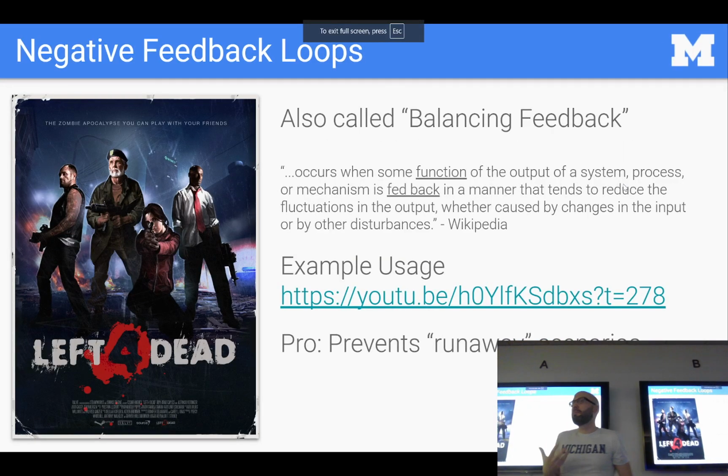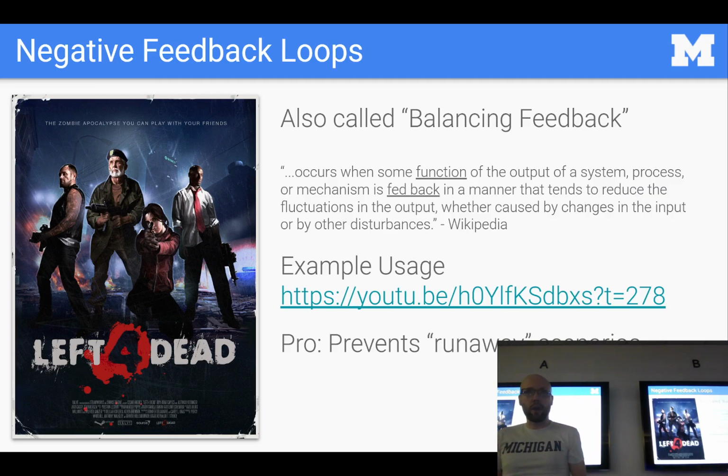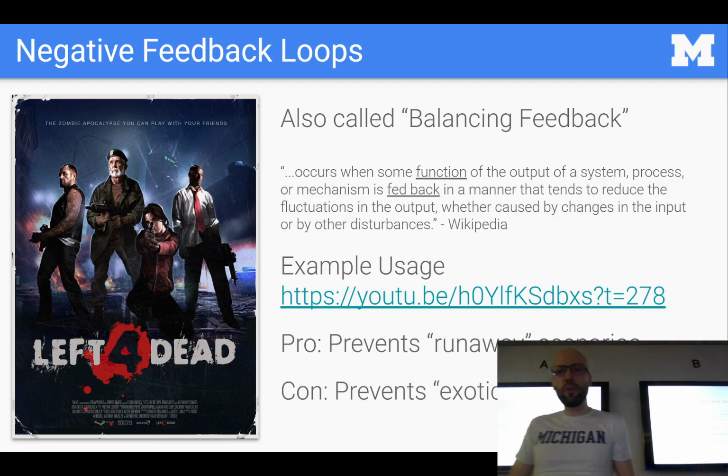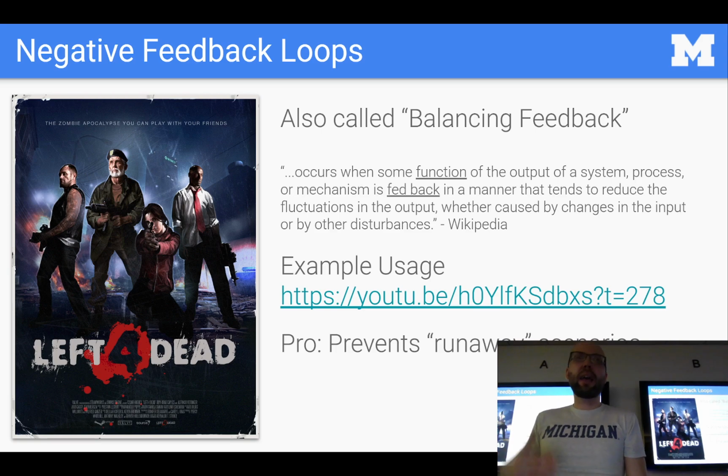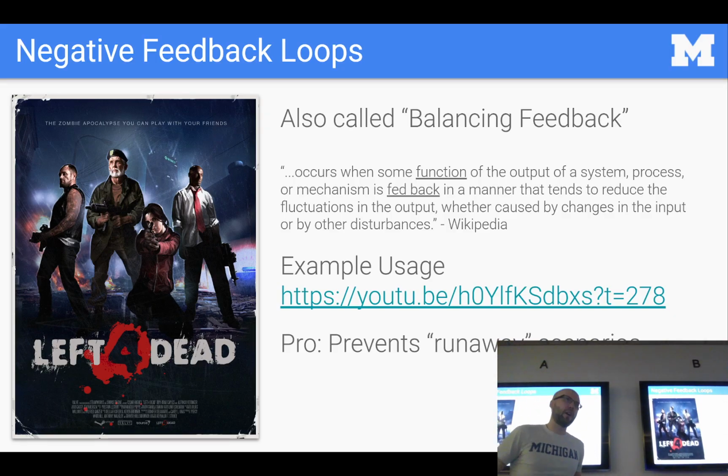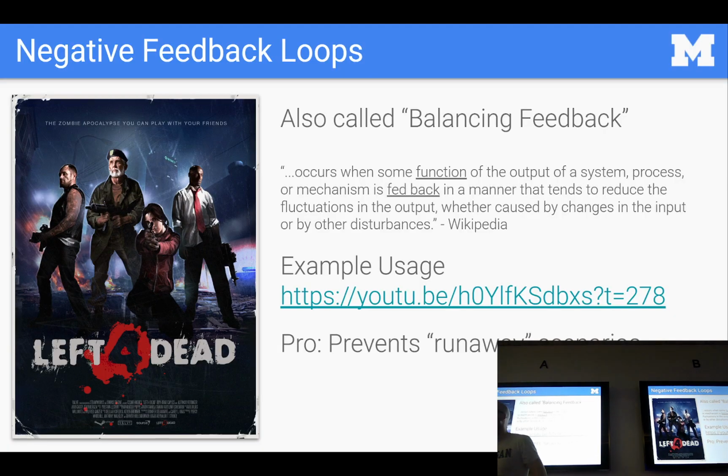One of the big benefits of this system is that it prevents runaway scenarios. Okay, if you have a game like, anyone play League of Legends in here? I know it's kind of an obscure game, or Dota, right? I don't play these games very much, but I've heard from a lot of friends that often you will quit the game in the first 5 minutes because the other team has gotten a little bit ahead of you.